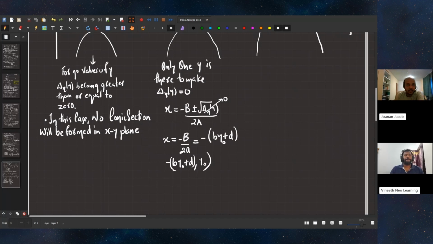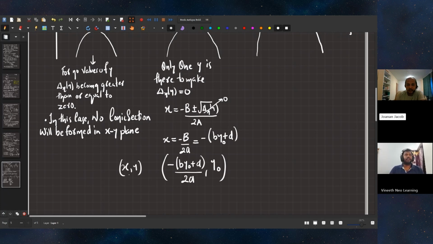Our b was 2x, capital B. Let me write it clearly: minus (b y naught plus d) divided by 2a. This is the value of x when y equals y naught.